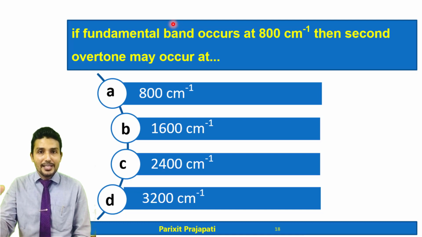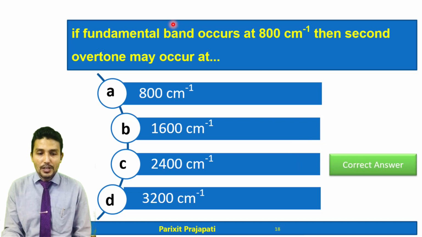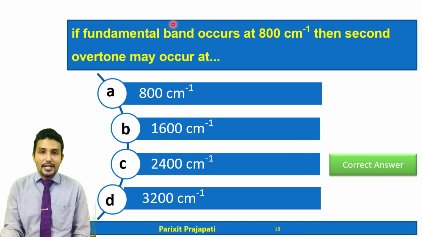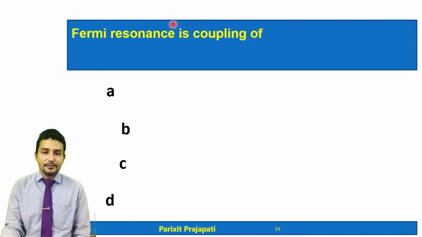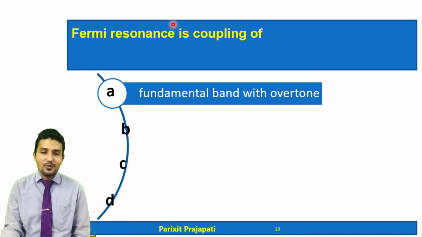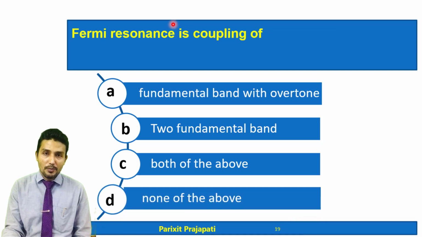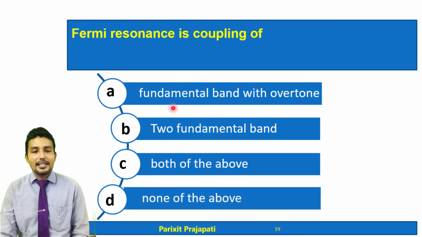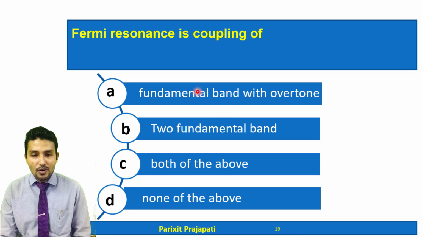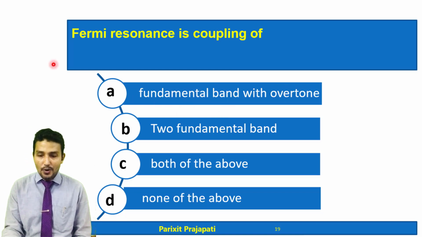Nu 0 to nu 3 is 2400. So the correct answer, the second overtone, appears at 2400. Fermi resonance is a coupling of a fundamental band with an overtone, two fundamental bands, both of the above, or none of the above. The correct answer is that Fermi resonance is a coupling of a fundamental band with an overtone band.